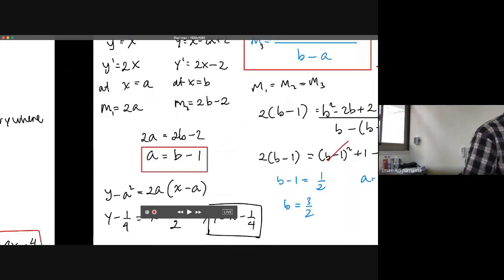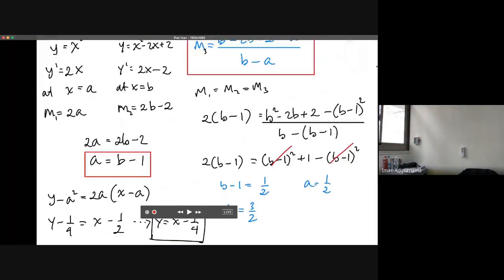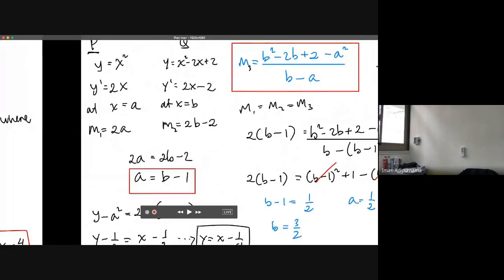And substitute to here, and all these m1, m2, and m3 all have the same value, the same gradient. So you start with equaling m1, m2, you get this expression. Substitute to m3, and you can equal m3 to m1 or m2. But let me just equal it to 2a. It's much simpler, right?